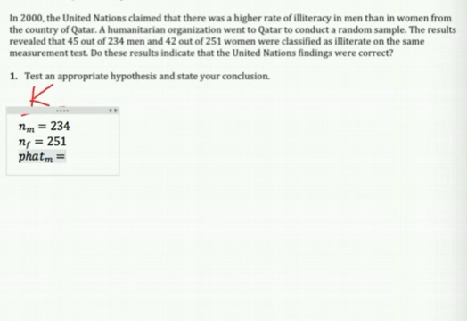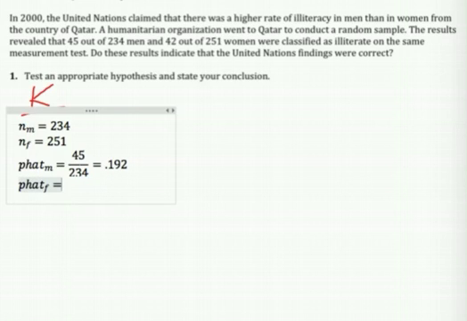You guys help me with your calculator. It's going to be 45 out of 234. What was it, Jamie? 0.192? Okay, and then p hat for the females is going to be this, which is what? Okay, so that's what we know.